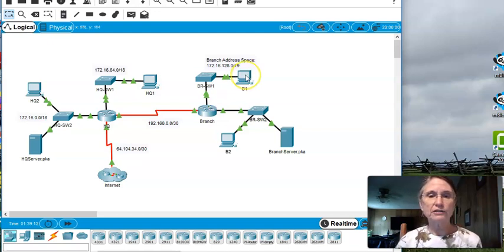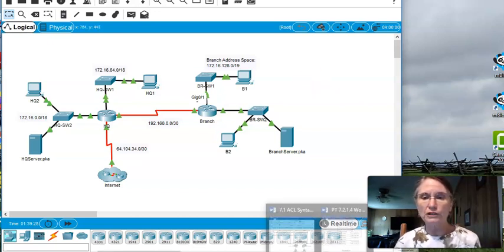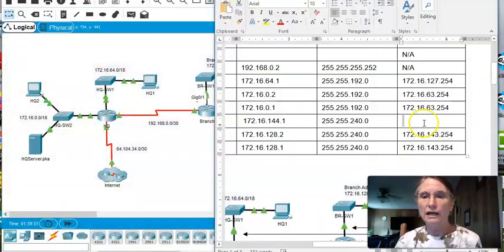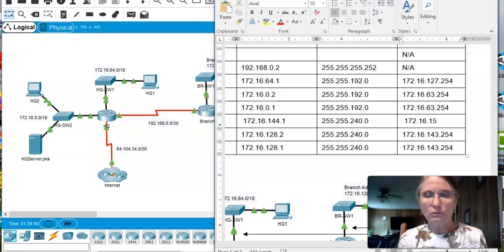So if I am at PC B1 and I'm reaching out to find how to get to the outside world, I would get not to the G01, because that is wrong. It will be the G00 interface of that branch router, and so that interface is 172.16.159.254.